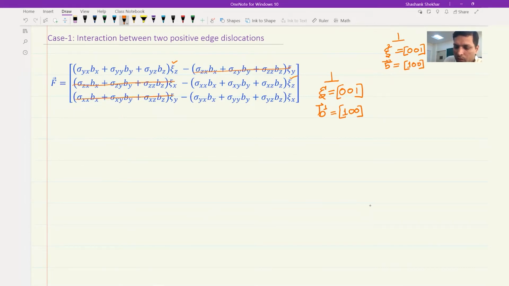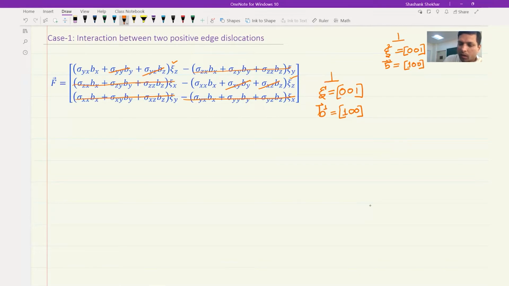This whole quantity goes to 0, this whole quantity goes to 0, and this whole goes to 0. And even in this, only Bx is non-zero, By is 0, Bz is 0.